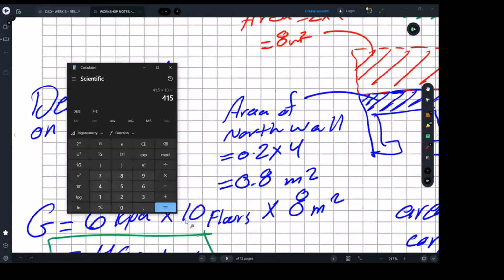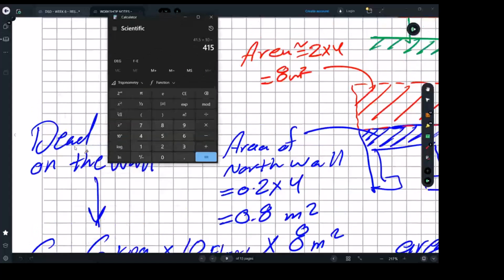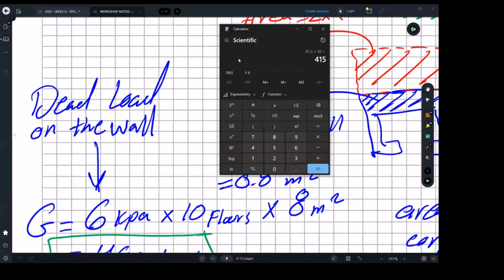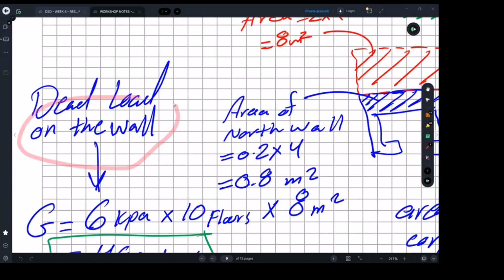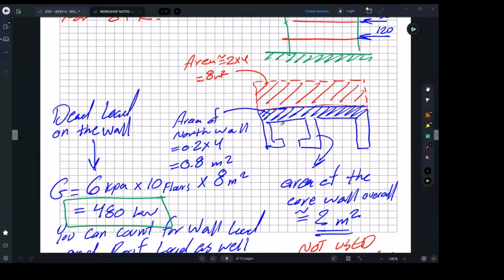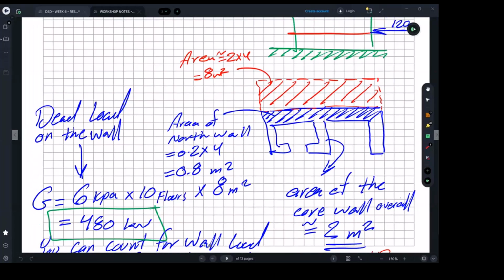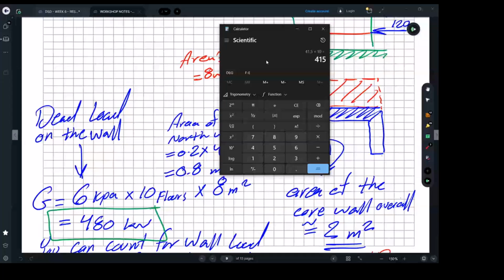Then what is the 6 kPa over there, sir? That's a very good question. Ah, that's from the wall. Approximately. Oh, from the wall. Let me just check. So the pressure again is 0.2 multiplied by 25, which is the density of concrete.